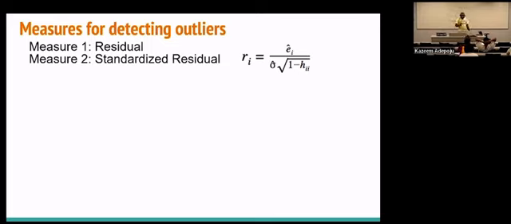Now, the number one measure is what we call residual. Of course, I walked you through residual. What is residual? Residual is the difference between the actual value of an observation minus the predicted value. Y minus Y cap.